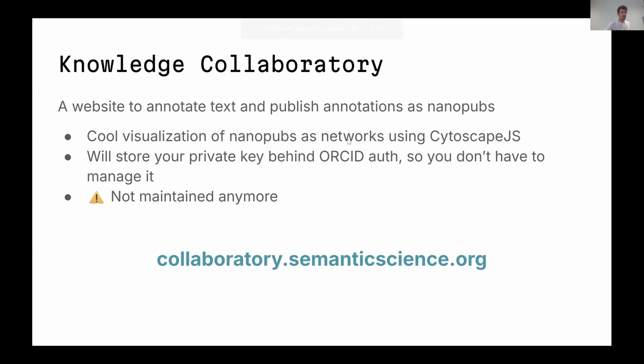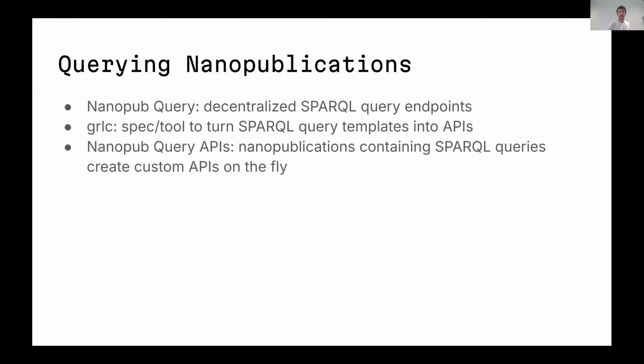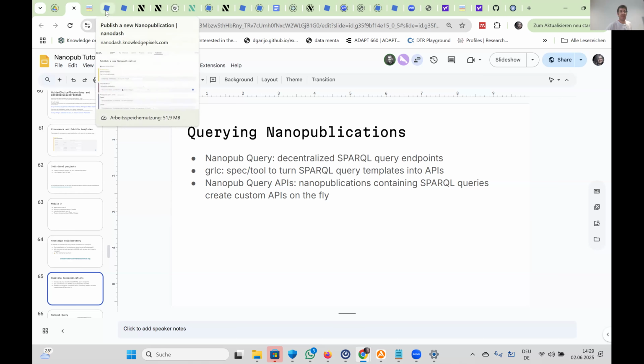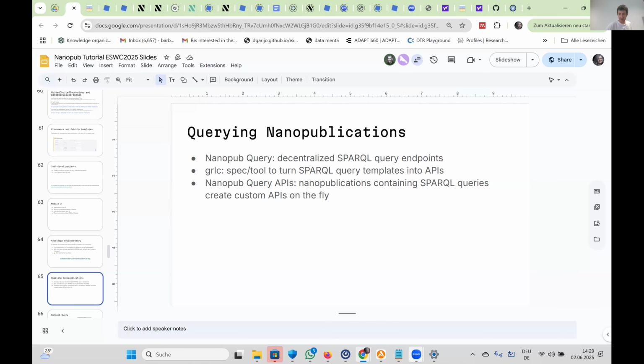Okay, sorry for these problems, but let's continue like this. Before the lunch break, we looked into how to use Nanodash to publish in applications and a few other things. So maybe I just give a quick recap for the new participants here. I should move over to this one where I'm logged in.